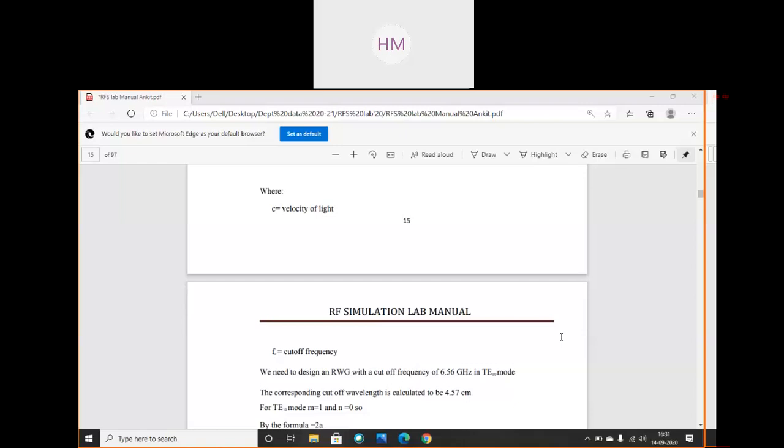Lambda c is equal to c upon fc, the cutoff frequency. Wavelength is equal to c by f. So you can write that equation: lambda c mn is equal to c upon fc, where c is the velocity of light and fc is the cutoff frequency.